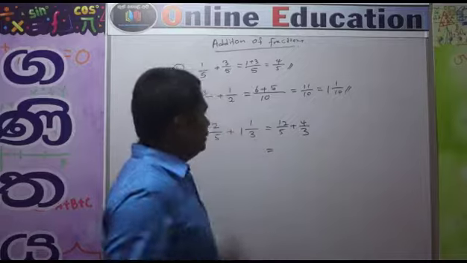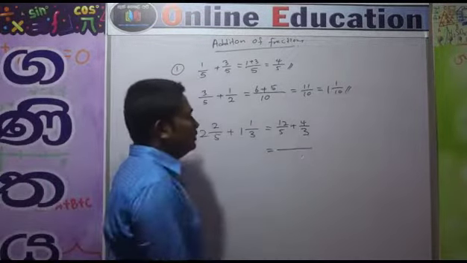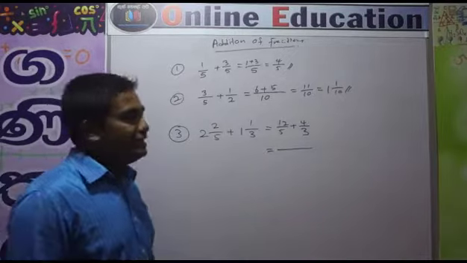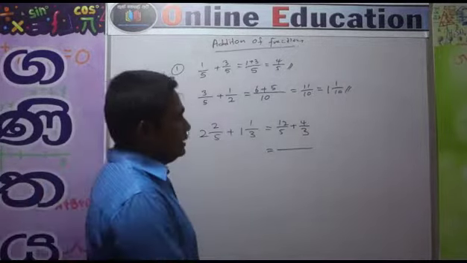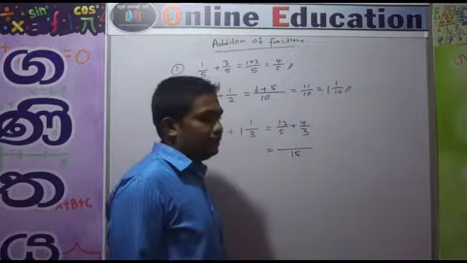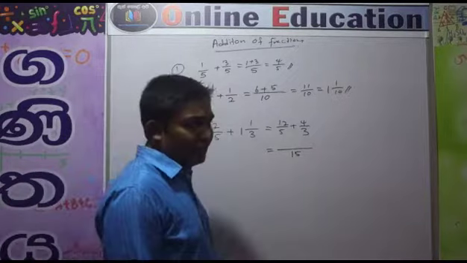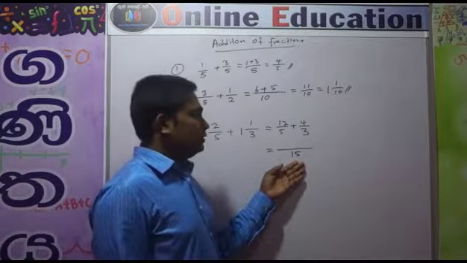Right, okay. Now we need to find the common denominator of these two numbers, 5 and 3. What is the least number that we can divide by both 5 and 3? Very easy. 5 into 3, 15. 15 is the least common multiple of 5 and 3. Right, okay. We have taken the common denominator of this sum.